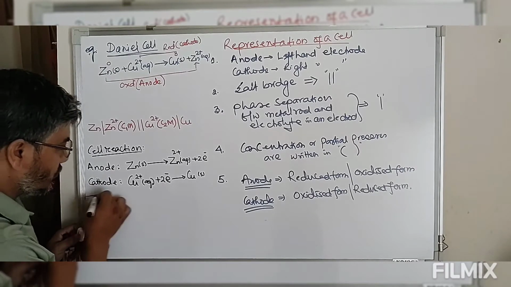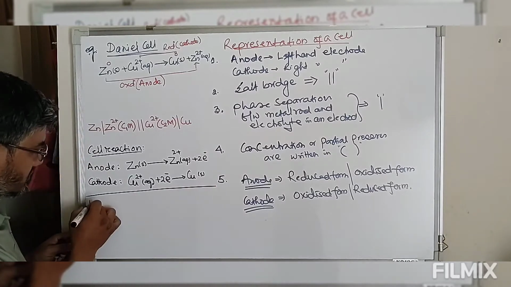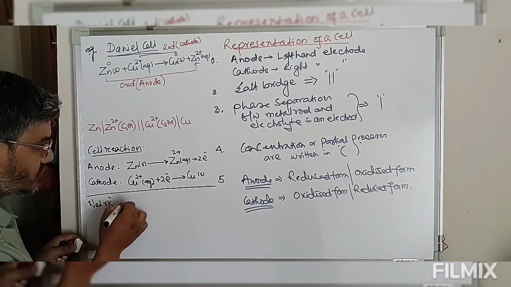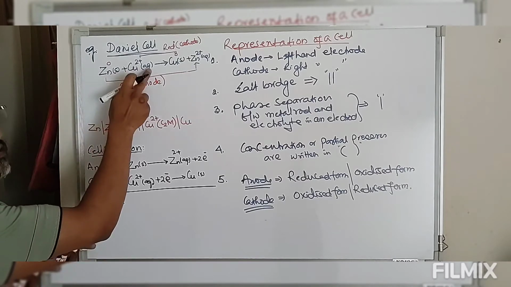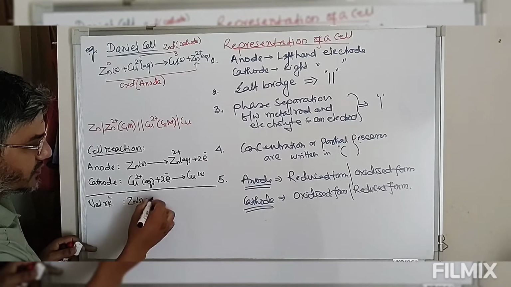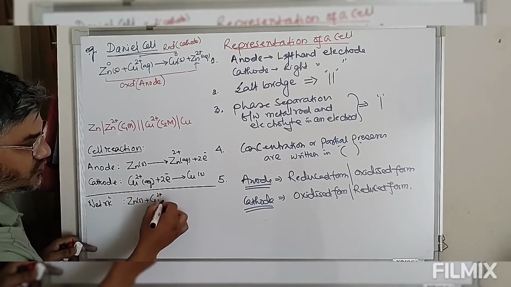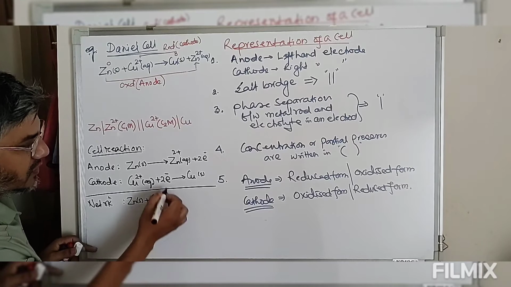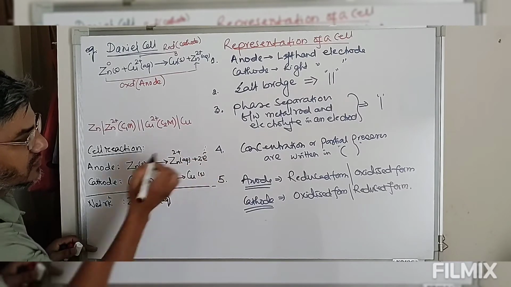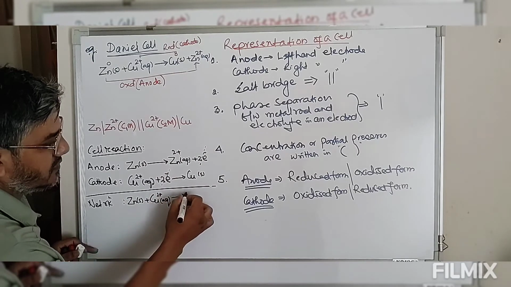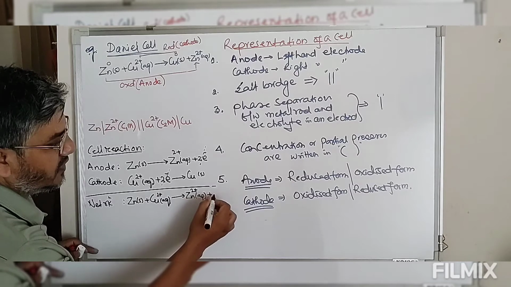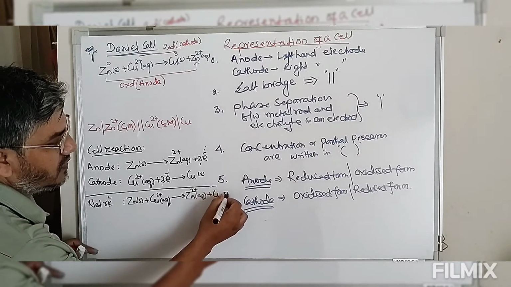Now adding these two reactions, that is the net cell reaction, we have zinc solid plus copper +2 aqueous. Now these two electrons and these two electrons will cancel out. So we are left with zinc +2 aqueous plus copper solid.